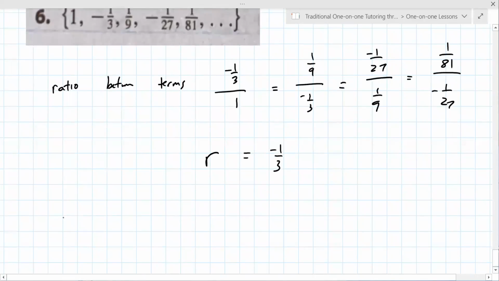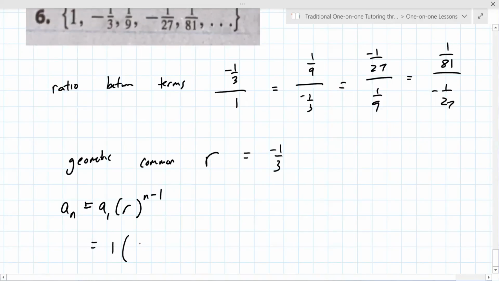So for geometric sequences, a_n equals a_1 times r to the n-1 power. Geometric sequences have a common ratio, which is what we have here. So a_1 is the first term, 1, and your r is -1/3, to the n-1 power.